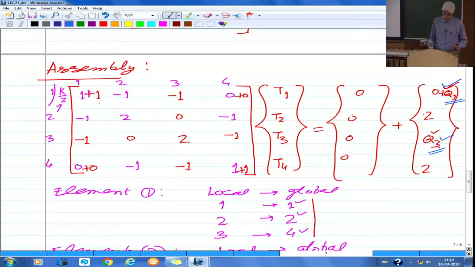Then what you find is that T1 and T4 were already prescribed. So the only unknowns are T2 and T3. There are 4 equations and only 2 unknowns, so it's actually an inconsistent system. The number of equations and unknowns must be the same, and wherever the primary variables are prescribed, there would be a corresponding unknown secondary variable.